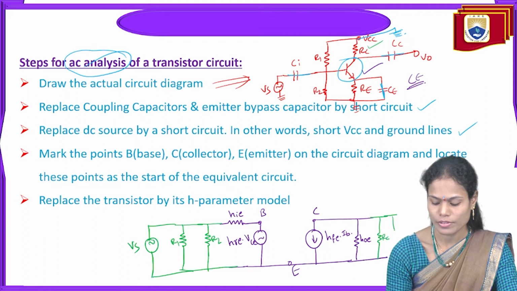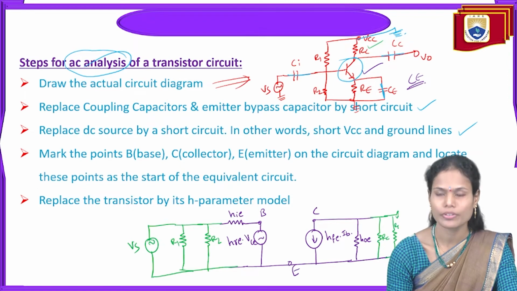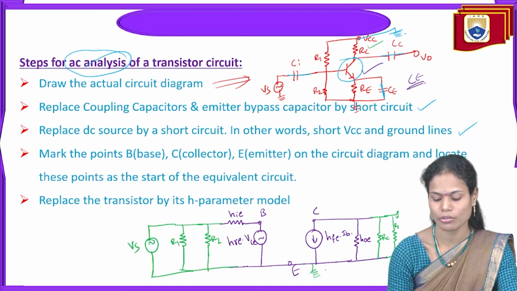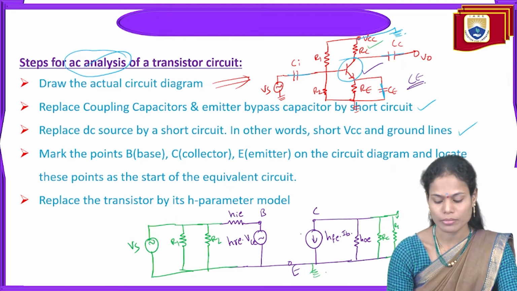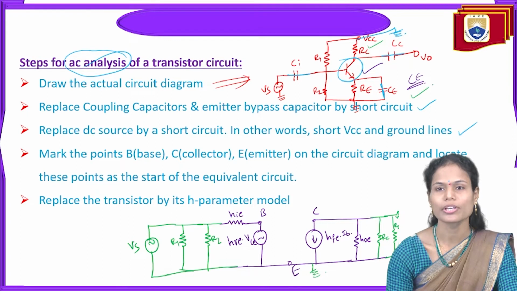And also in some cases we are having the load resistance RL, and here we will measure the output voltage. And this one is grounded or acts like a common terminal between the base and collector. So this is the H parameter model or hybrid equivalent circuit of the common emitter amplifier.